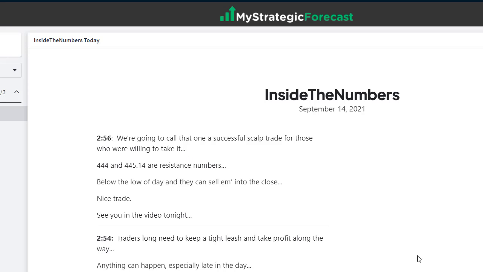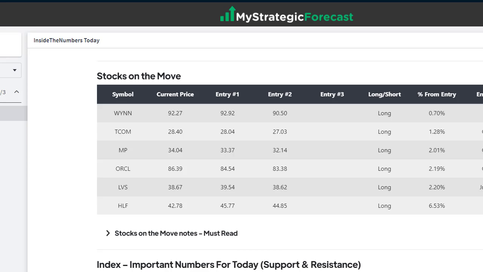They understand how time works, how it's more important than price. They're members of Inside the Numbers. They understand how the numbers operate. And those are the people that read the notes. They double check the work, even if they weren't here all day sitting in front of the screens. They double check the work because they know they can learn something from every single day's worth of commentary.